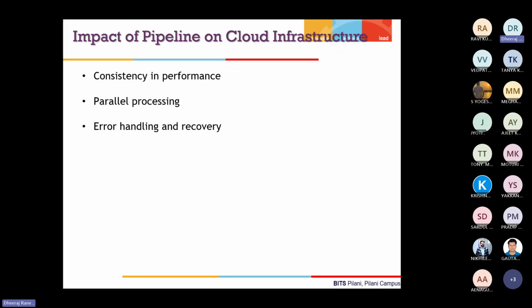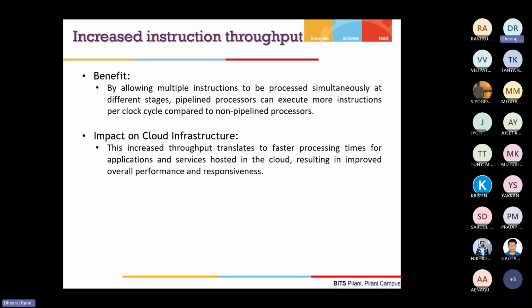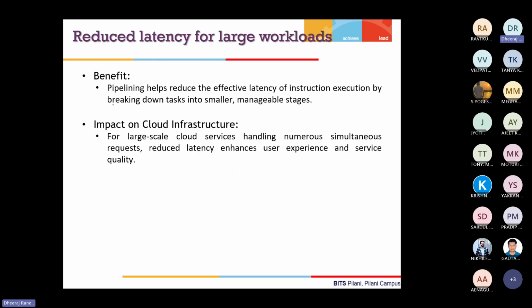So when we go to cloud infrastructure, definitely whatever is applicable on a single processor will be applicable on the cloud infrastructure as well. Increased instruction throughput will definitely be the case for cloud as well, because ultimately the processor being utilized is the same.